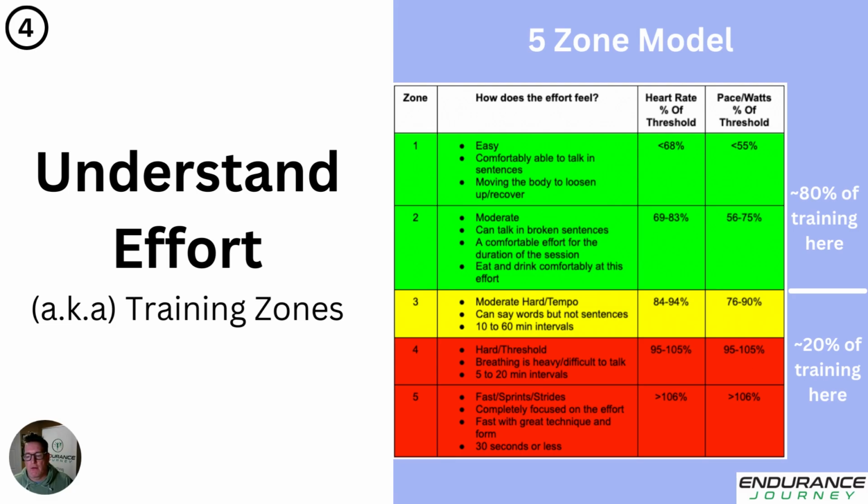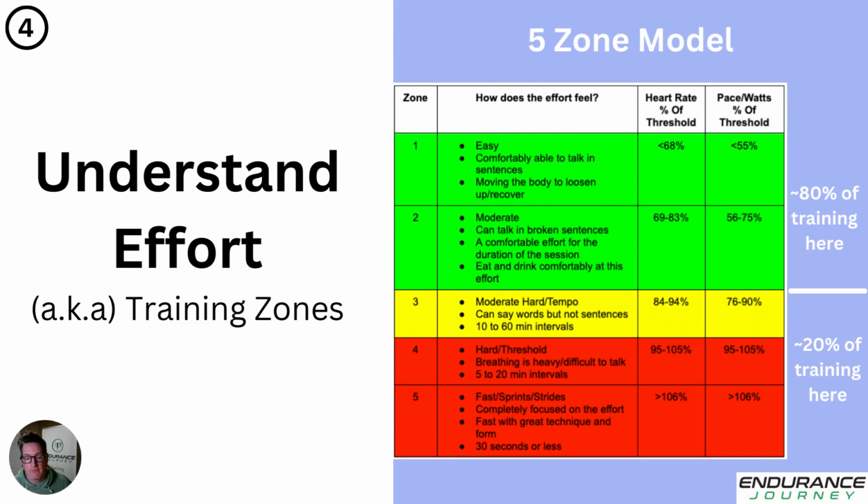This is based off of the work of Dr. Steven Seiler, who you can look up. He does a lot of work on training zones and aerobic development and training. So this model is a polarized model. So specifically speaking, 80% of your training in most endurance preparation programs will generally be in zones 1 and 2.